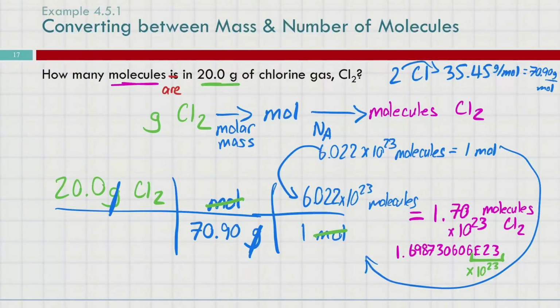Alternatively, it might just have at the end a small 23 up in the top right corner. Something like that. That also means the regular size number, the 1.698 all the way out to this last 6, times 10 to the 23rd.